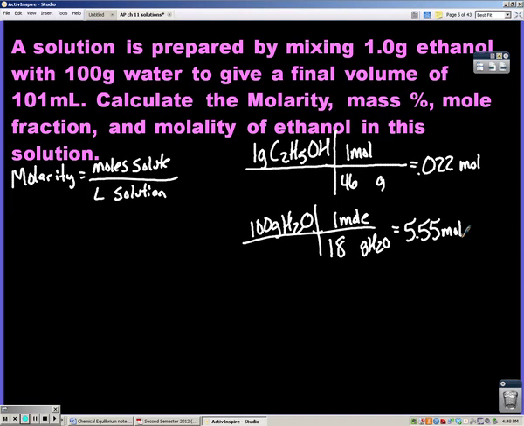If I look back at the top of the problem, it says that the final volume is 101 milliliters. So that's my liters of solution. I just need to convert it to liters. So dividing by 1,000, I get 0.101 liters. And then dividing my moles by liters, I get a molarity of 0.22.